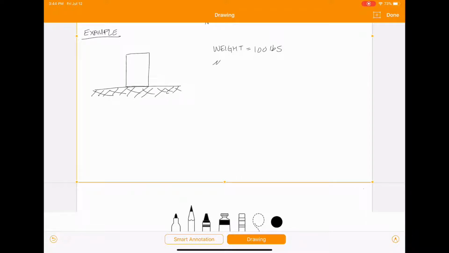Let's say the coefficient of friction is equal to 0.2. Say the height of this box is 5 feet. The width, let's just say it's 4 feet. And the force P being exerted on this box is going to be at a height of 2.5 feet.